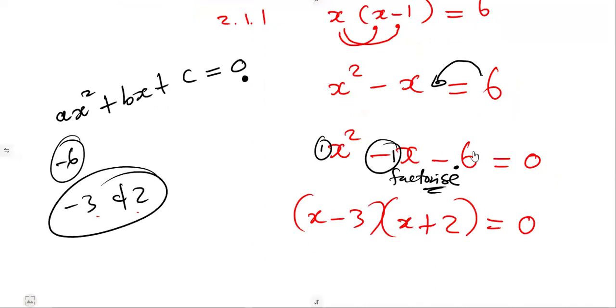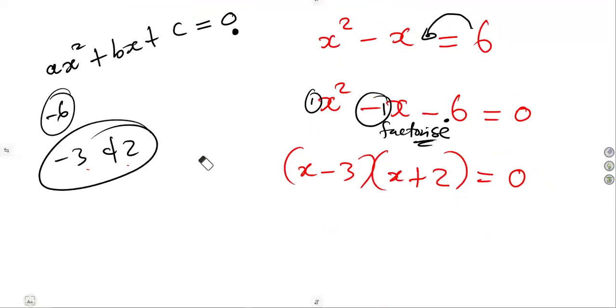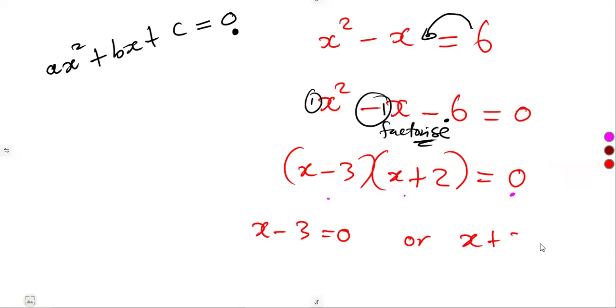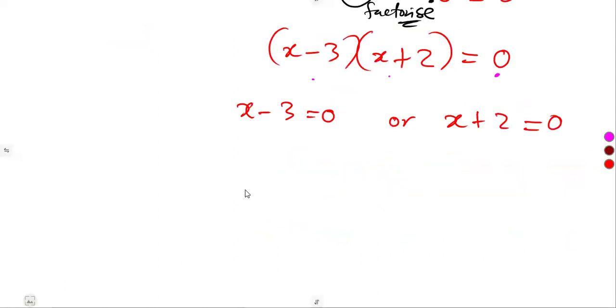Remember, I talked about this. It was from another question paper that we had for the June revisions. Also, this concept, we are back again. The product of 2 brackets is equal to 0, so I said one of these 2 must be equal to 0. So it is either x minus 3 equals 0 or x plus 2 equals 0.